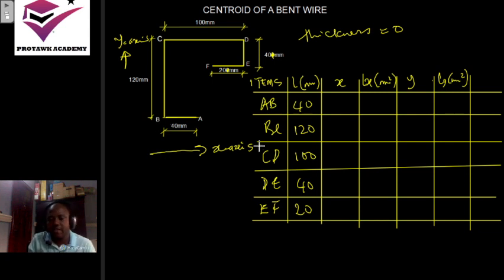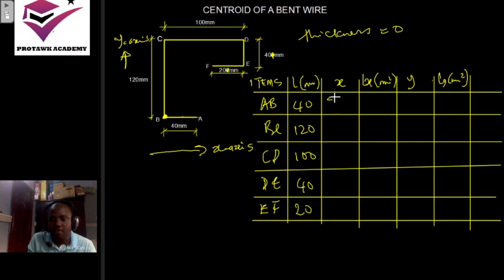The first member is AB. Each centroidal distance is half of the member, considering this point as the 0 point. So it is 40 over 2.